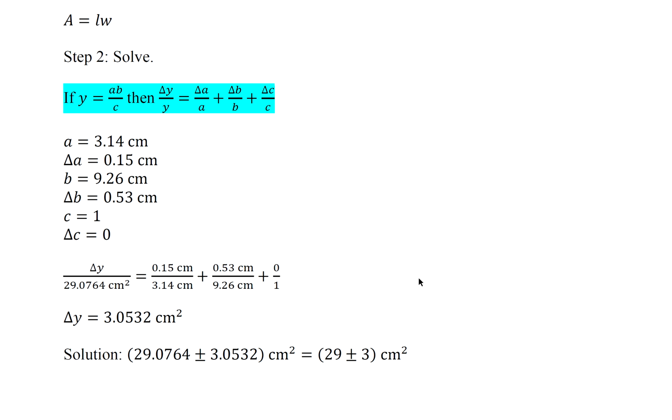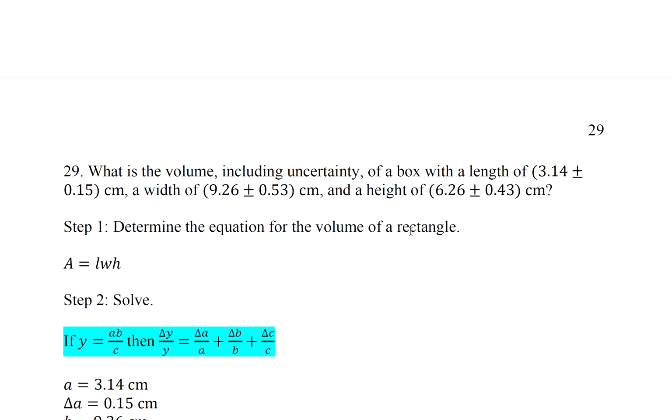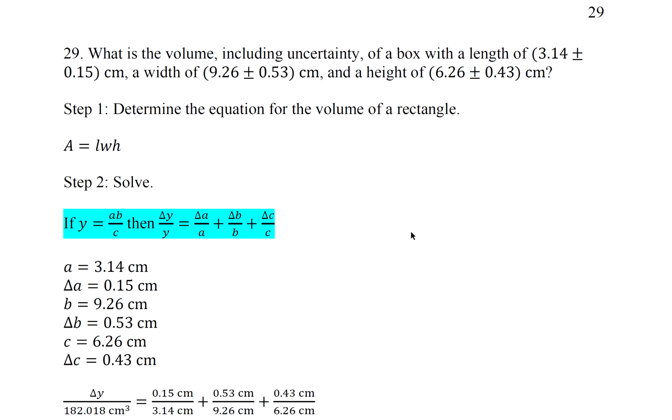So first we solved for y, and then we solved for delta y. Question 29. What is the volume including uncertainty of a box with a length of 3.14 plus or minus 0.15 centimeters, a width of 9.26 plus or minus 0.53 centimeters, and a height of 6.26 plus or minus 0.43 centimeters?